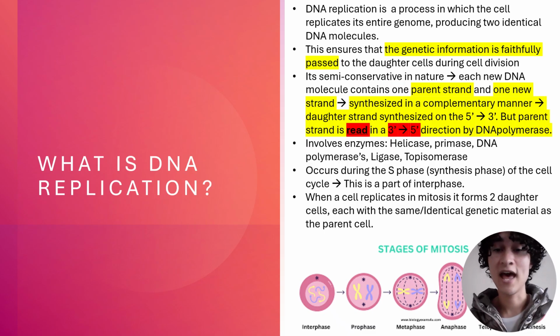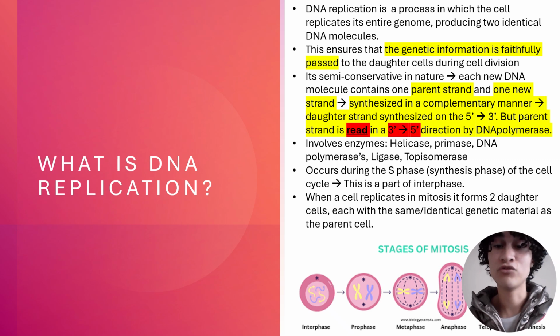Just to recap, the main takeaway from this slide is that DNA replication itself is semi-conservative in nature. As I said before, that original helix will form two daughter helices, and those daughter helices will contain one polynucleotide strand from the parent helix, which is used as a template strand for our enzyme, DNA polymerase, to form a new daughter strand.